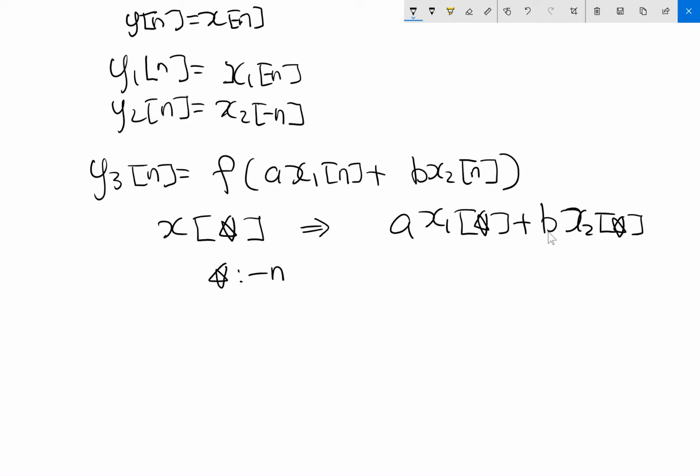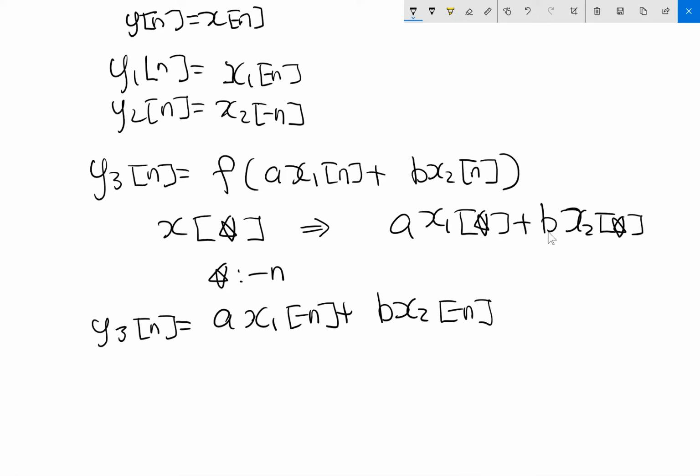Well, here star is minus n. So this y3[n] will equal to a x1[-n] plus b x2[-n].